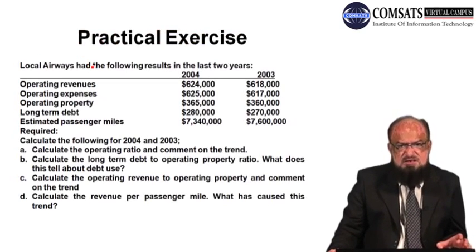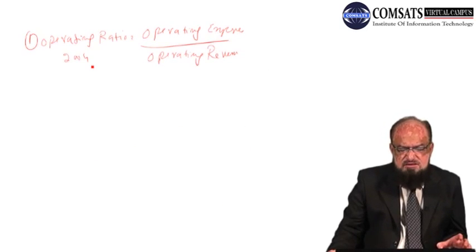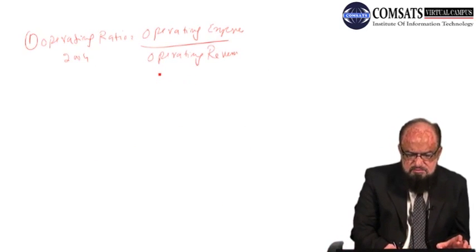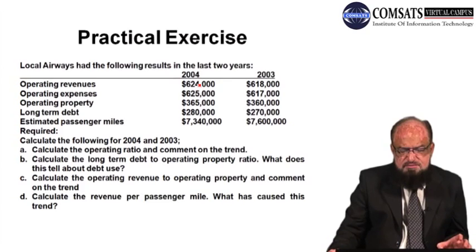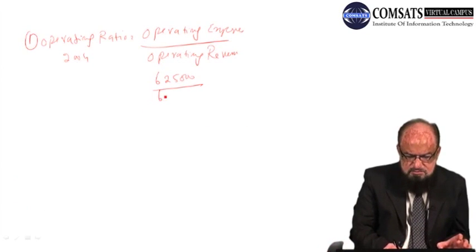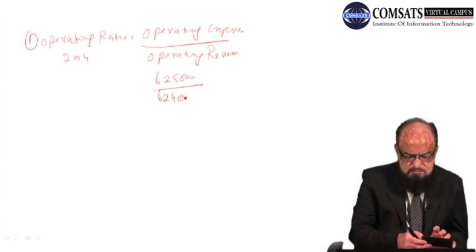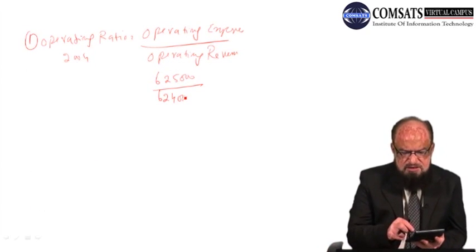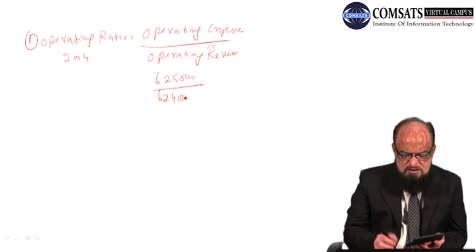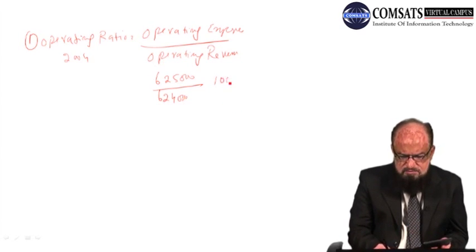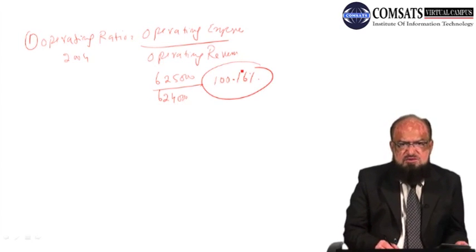Operating expenses are given, 625,000, divided by operating revenue 624,000. 6,25,000 divided by 624,000 multiplied by 100 is 100.16% operating ratio in 2004.